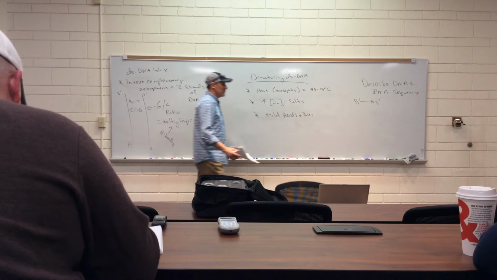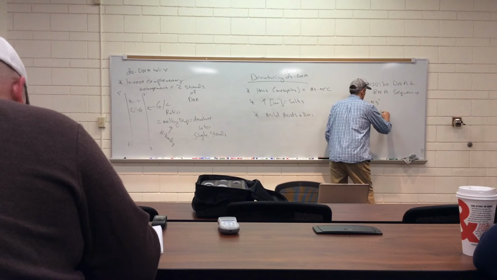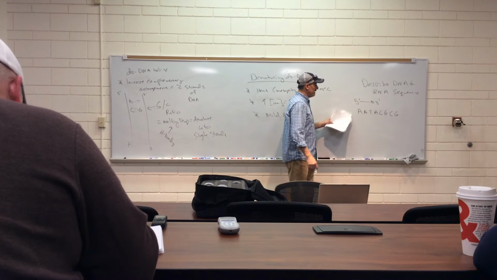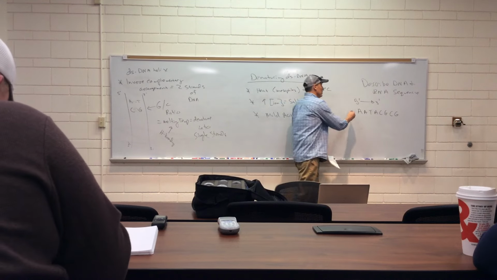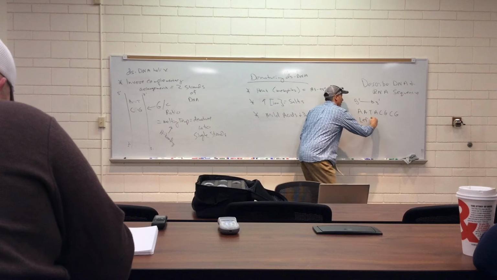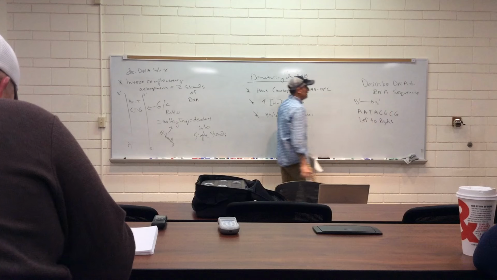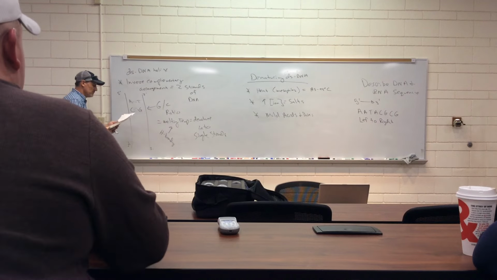So if I'm going to give you a bunch of A's, T's, C's, and G's, as I'm giving it to you, I'm not going to tell you it's the 5' side or 3' side. We just usually assume left to right that we're reading in a 5' to 3' direction. It's just this commonality throughout all DNA sequencing.